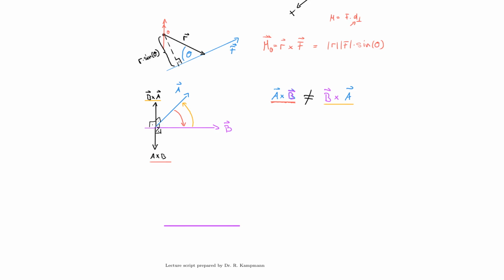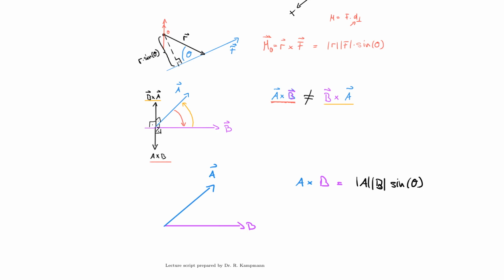I think I called this here B. And I had a second vector, which is A. And what is A cross B really doing? Remember, so A cross B is nothing else than A magnitude, B magnitude times the sine of theta.